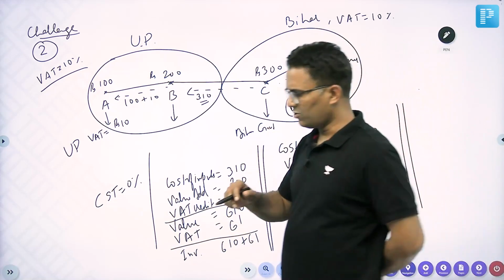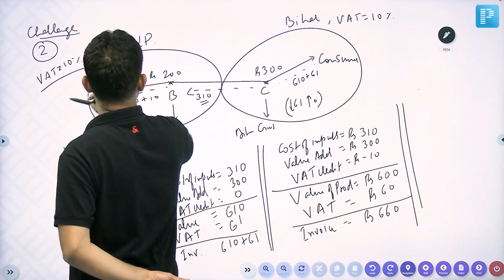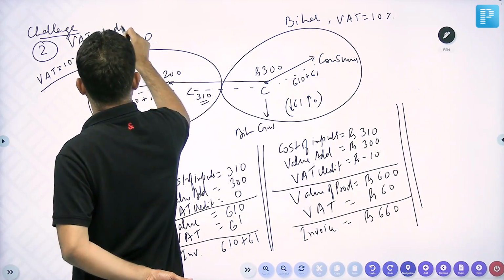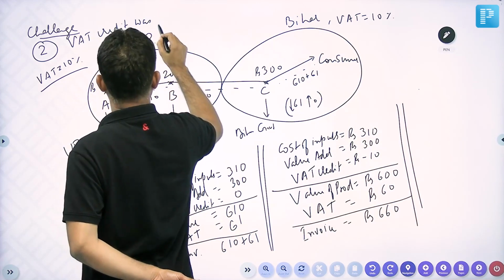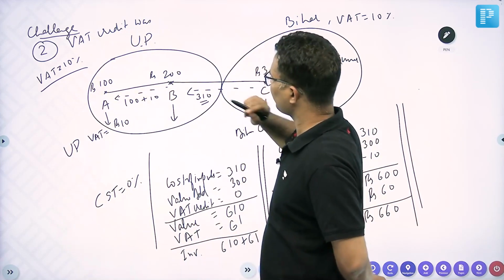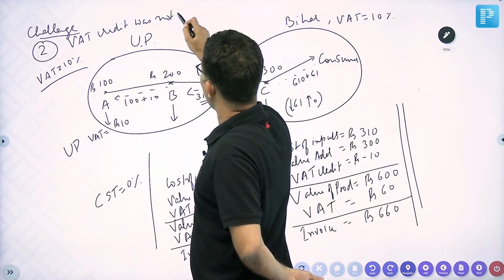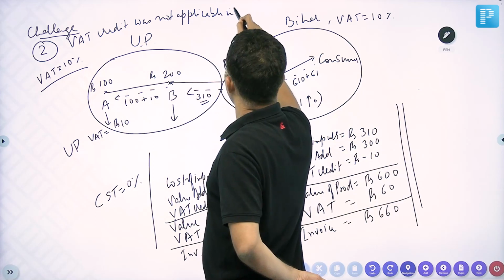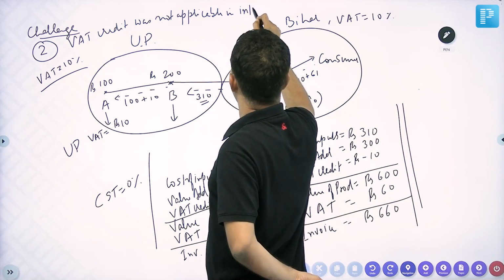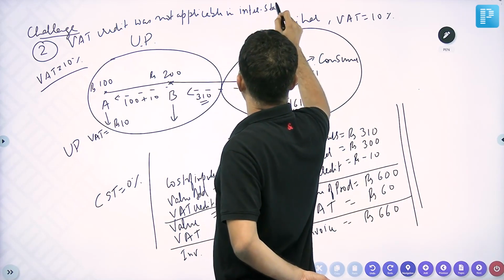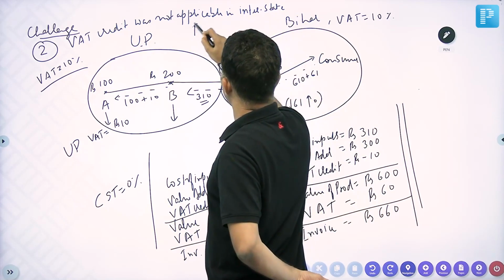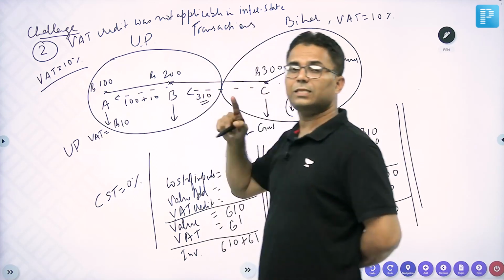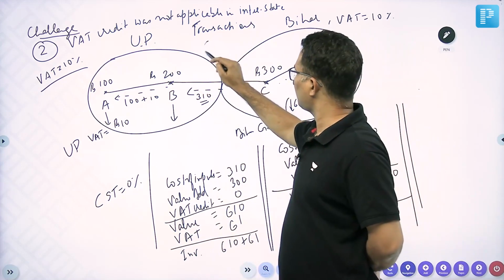So the second major challenge was: VAT credit was not applicable in interstate transactions, and hence it was creating a cascading effect.